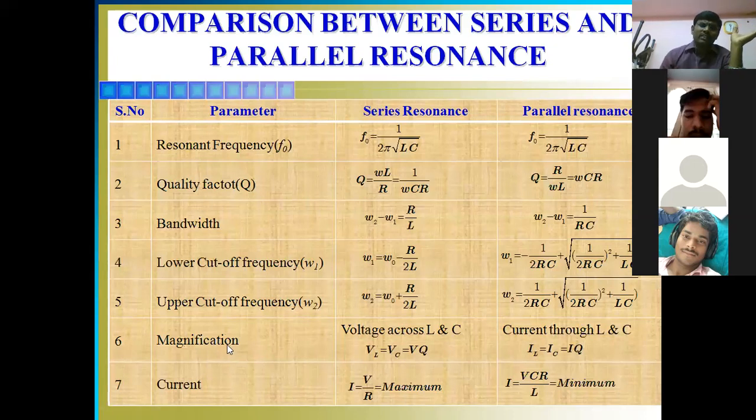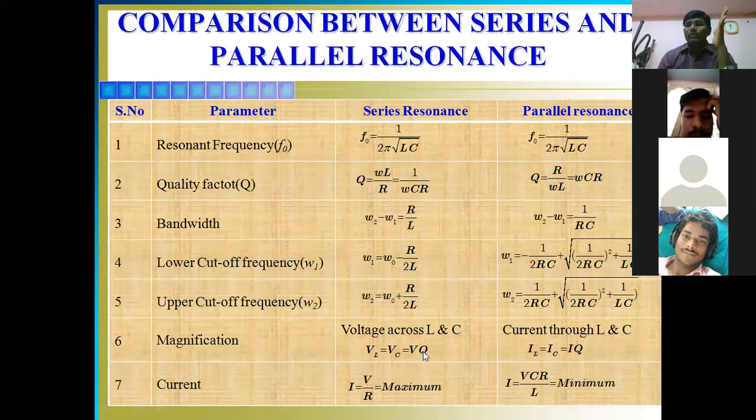See here, magnification in the series circuit, I already told you. Without a transformer, at resonance, we can improve the voltage magnitudes through resonance. The quality factor Q is equal to VL by V. So VL is equal to VC is equal to V into Q. The Q is always greater than 1.